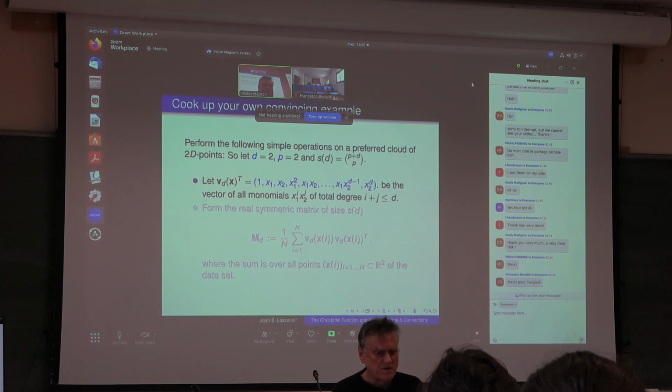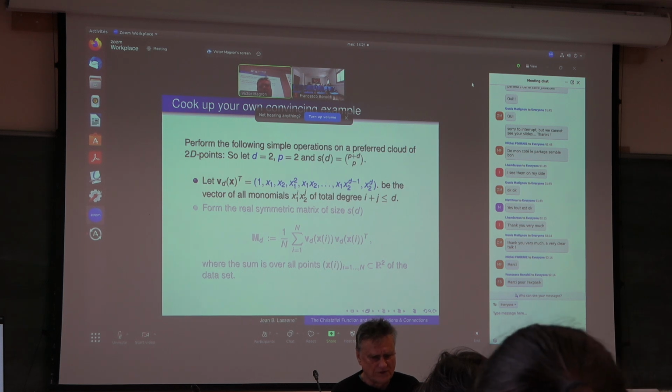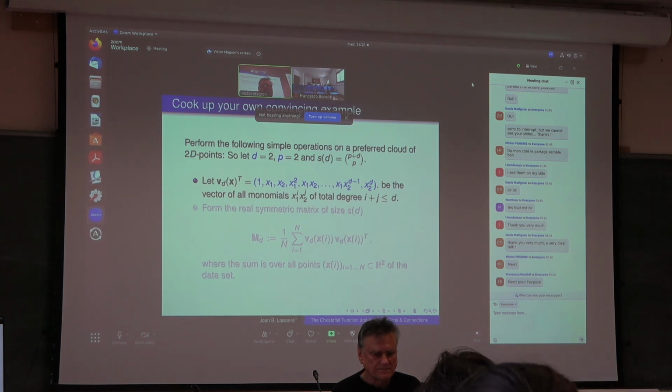So when you fix d, you look at v_d of x, a vector of all monomials in two variables up to degree d. You have the constant term, the linear terms x1, x2, the quadratic terms x1 squared, x1 x2, x2 squared, etc., until the last one, which is x2 to the power d. So the length of this vector is precisely s_d.